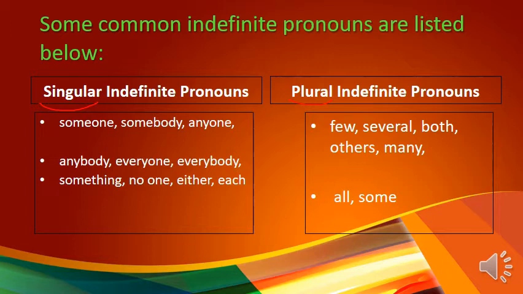Singular indefinite pronouns: someone, somebody, anyone, anybody, everyone, everybody, something, no one, two words, either and each. And the plural indefinite pronouns are few, several, both, others, and many. Also we have all and some.